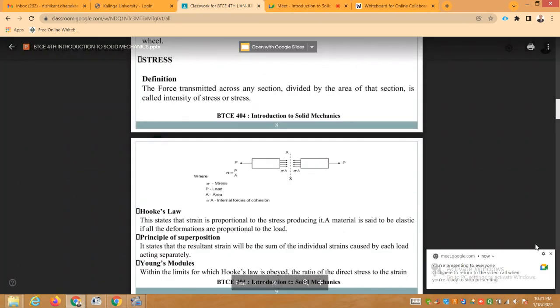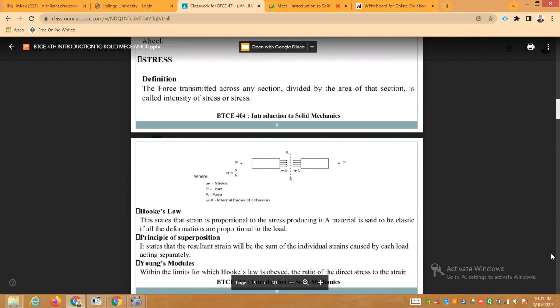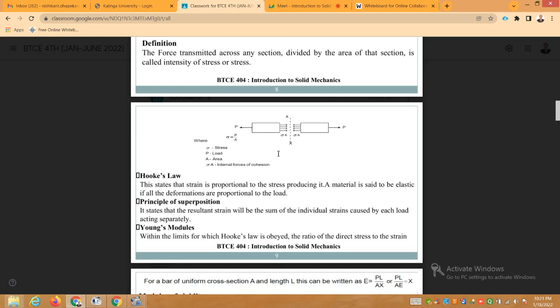Moving further, this is the example. Here pull is there. Because of this pull, this rod has broken into two pieces. These stresses are developed at the surface of the failure. They are shown like this. So these are the stresses, and these stresses can be calculated as P divided by this area A. If it is circular in section, area can be calculated as pi by 4 into diameter square.